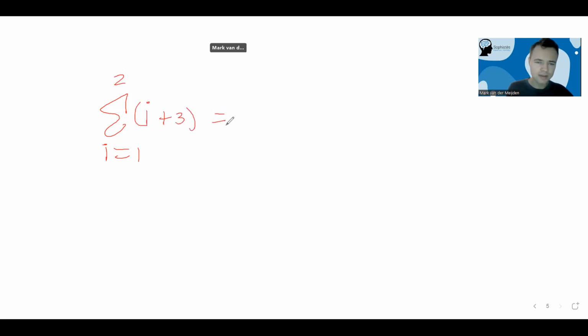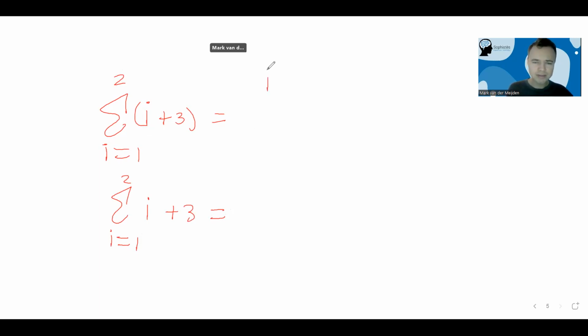Like this. Or you have a summation like this. What is the difference? So here we do have brackets, here we don't have brackets.